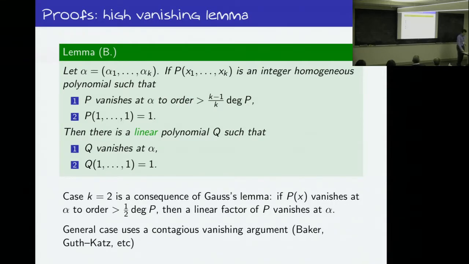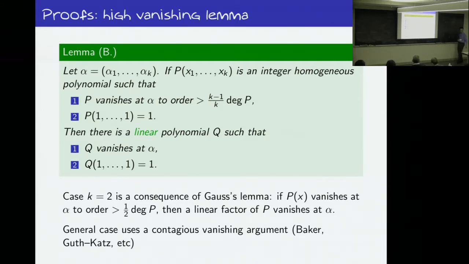This is really a generalization of Gauss's lemma. Let me sketch what happens in the one variable case. First, this is a homogeneous polynomial, but let's not worry about homogeneity. We have a polynomial p which vanishes at alpha. This is a single variable polynomial.